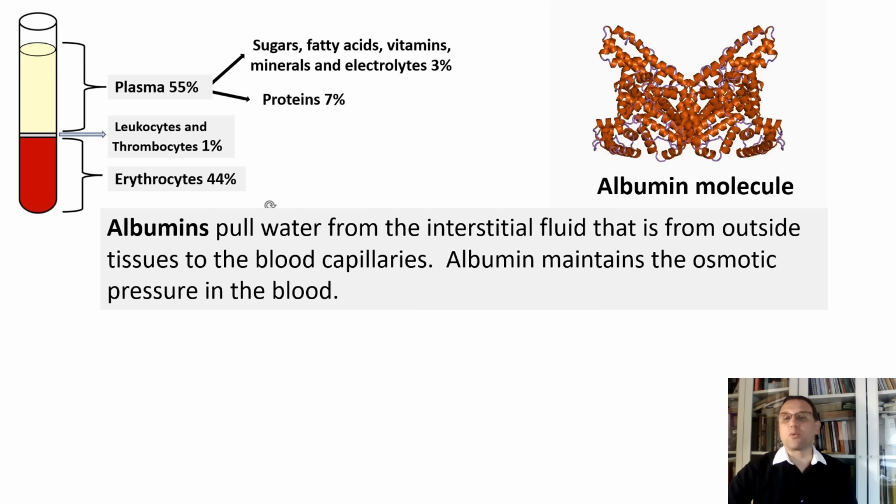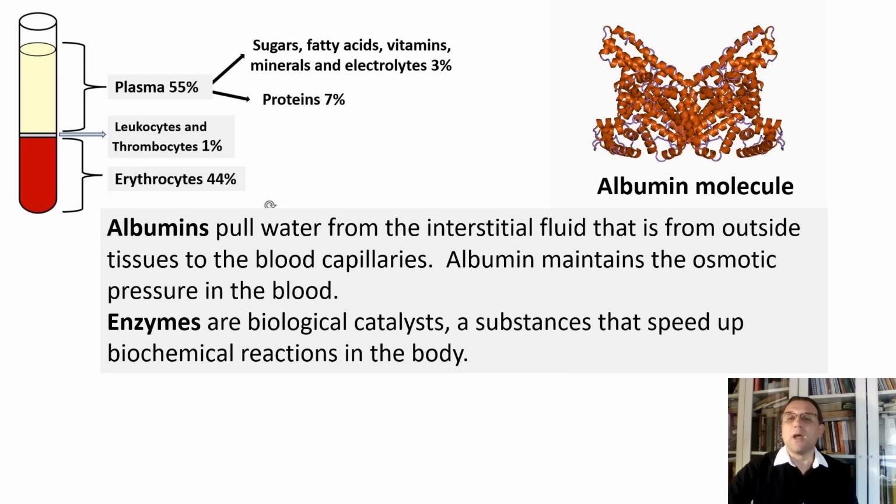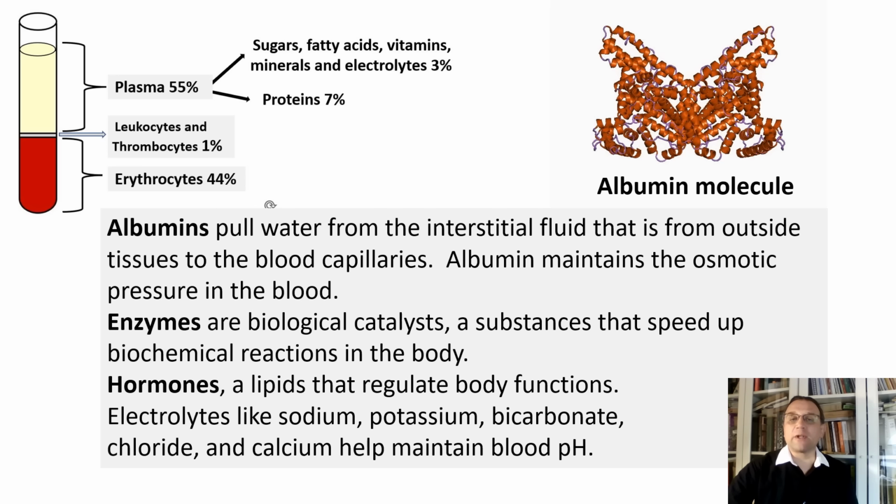The most important protein in the blood plasma is albumin. Albumins pull water from the interstitial fluid, that is, from outside the blood capillaries. Albumin maintains the osmotic pressure in the blood. There are many different enzymes in the blood. Enzymes are biological catalysts, substances that speed up biochemical reactions in the body. There are also hormones, which regulate body functions.